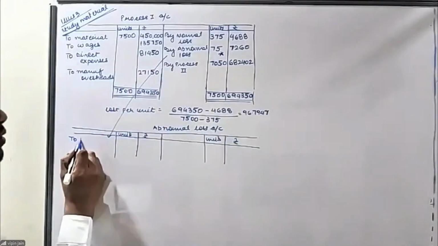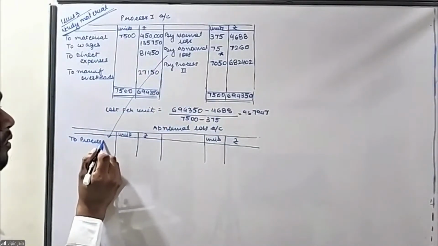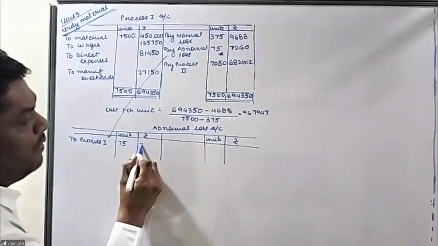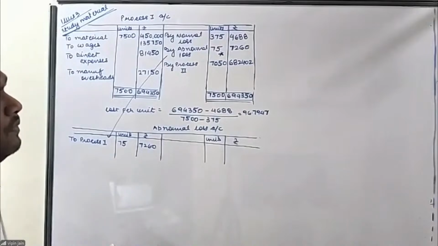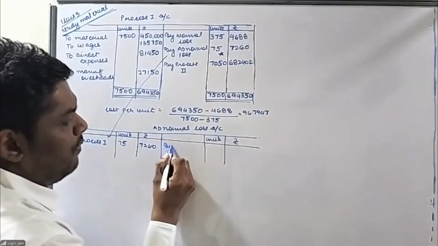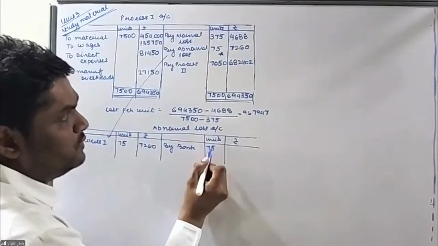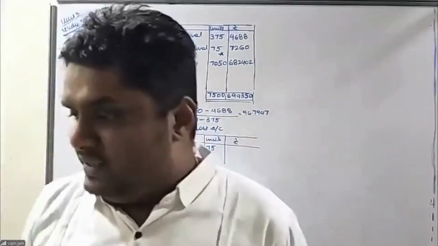So to process first, by bank, assuming just like normal loss, these units are also sold in the market at the same price.